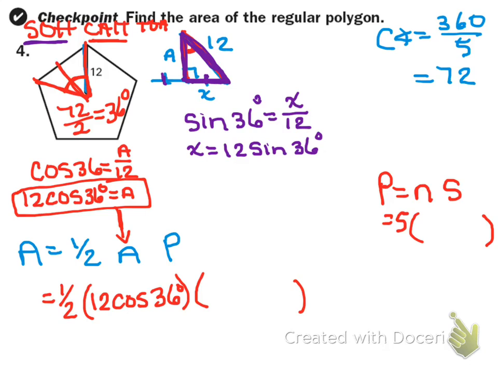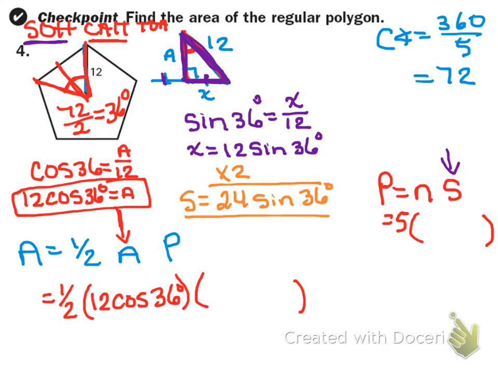So this, remember, is half of the side. In our formula here, though, we need the length of the whole side. Since this is half of the side, to get the whole side, we would take this and multiply it times 2. 2 times this would give us 24 times the sine of 36 degrees. This would be the length of a whole side.